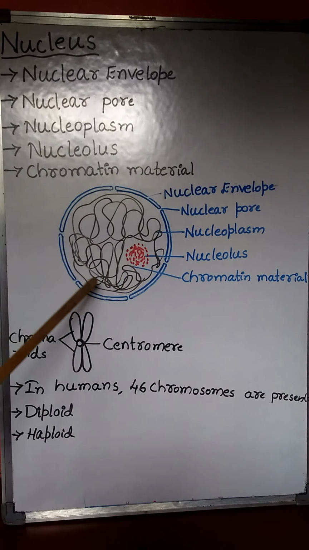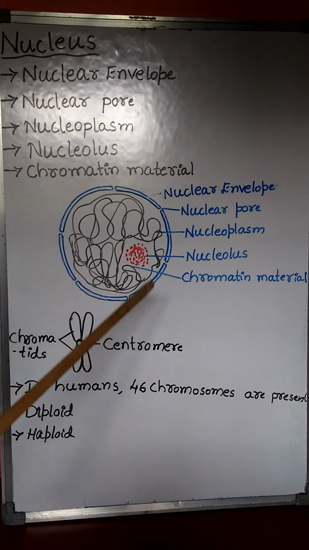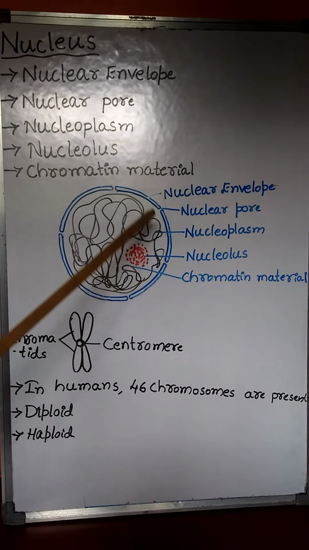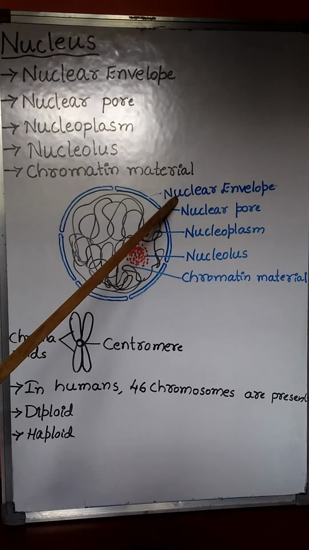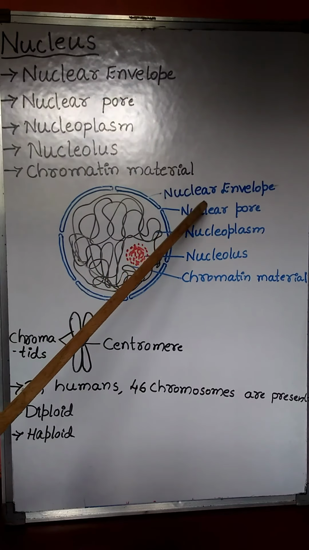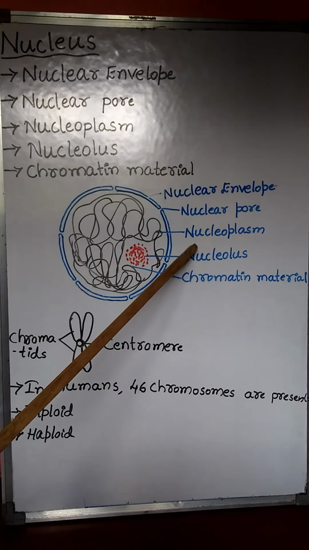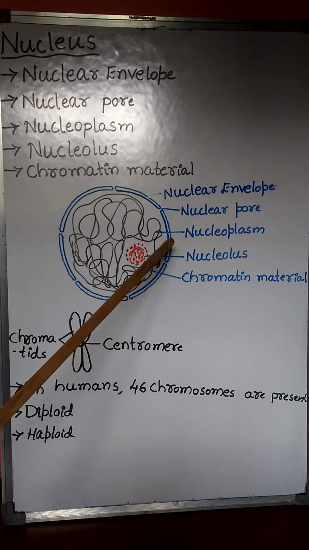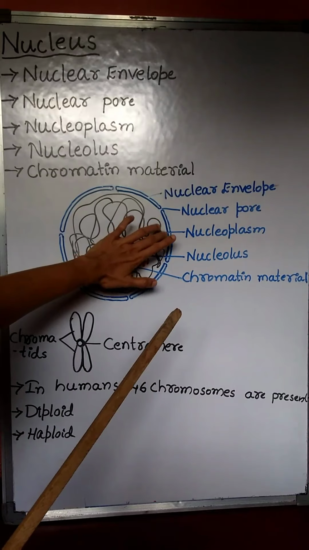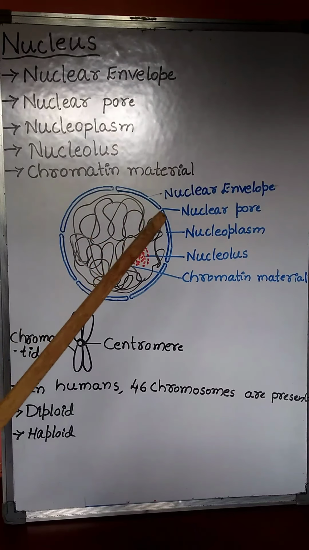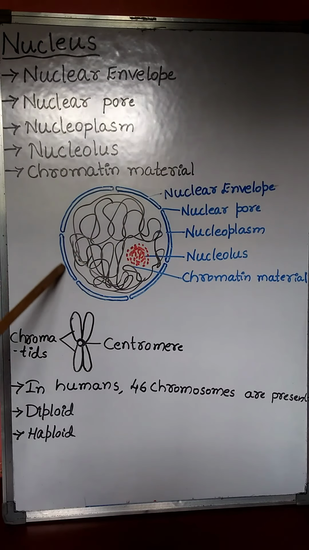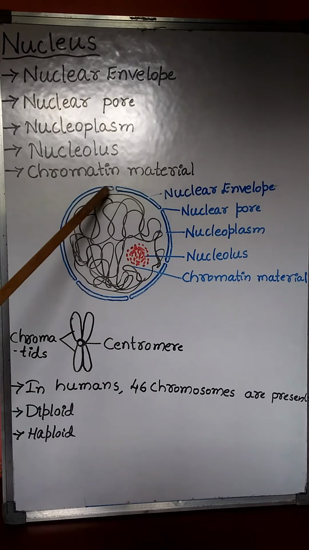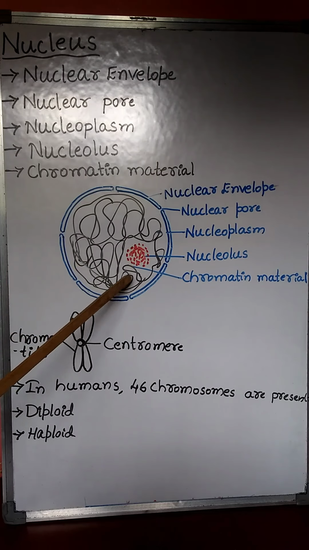This is the structure of nucleus. Here you can observe the different parts such as nuclear envelope, nuclear pore, nucleoplasm, nucleolus, then chromatin material. Nuclear envelope is double layered.